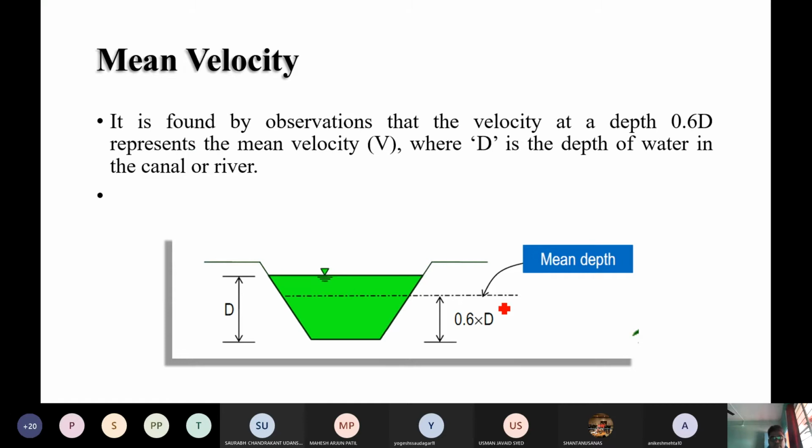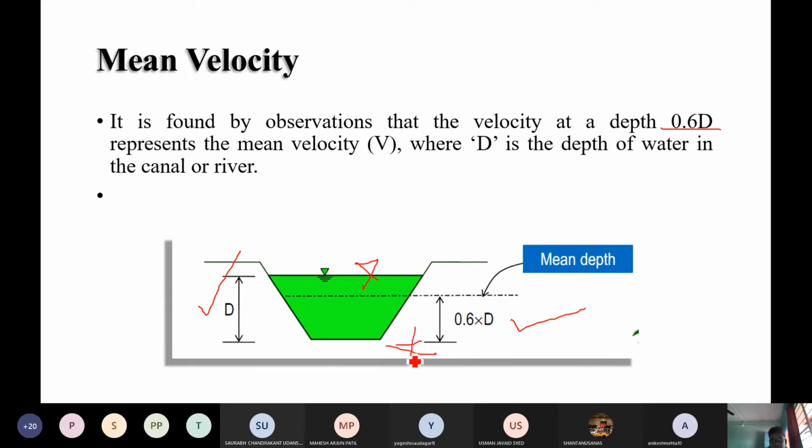Then coming to the next part, mean velocity. What do you mean by the mean velocity? See, this is the section of the canal, where the water is flowing inside this canal, and the depth of the water available inside the canal, as mentioned here, is D, and the mean velocity we have to observe at 0.6 times of D. The entire depth is D, and this 0.6 times of D is measured from its bottom.